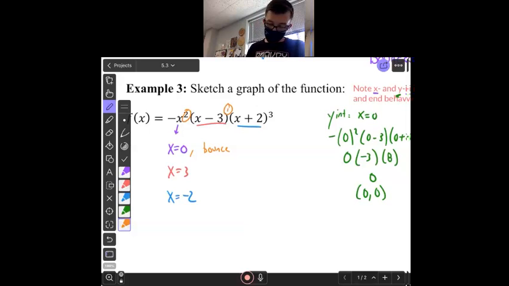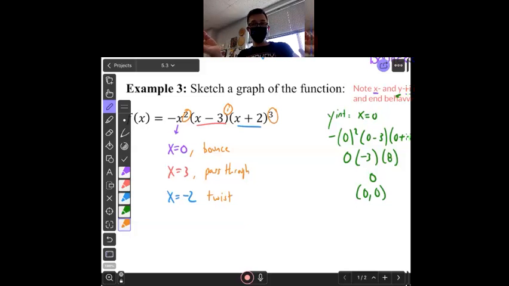That's a 1. 1 was just a pass through. The graph better just pass through 3. 3 is a higher order odd, so that was our twist. So at negative 2, our graph better twist. Again, do I have a graph that bounces at 0? If I have one that doesn't, boom, it's gone. That's what you guys get to do. Eliminate stuff that doesn't match what it should.